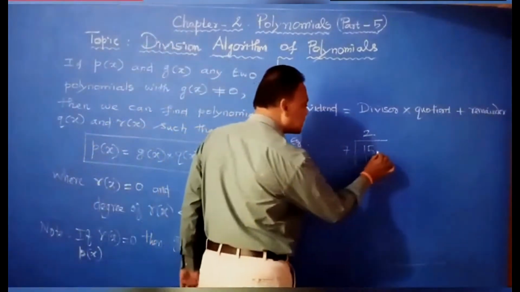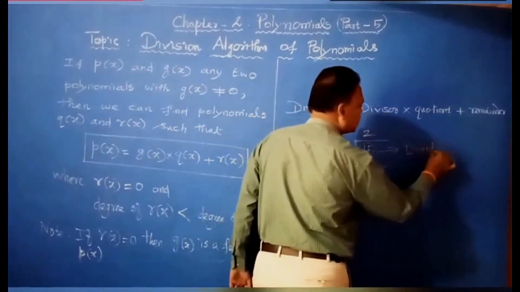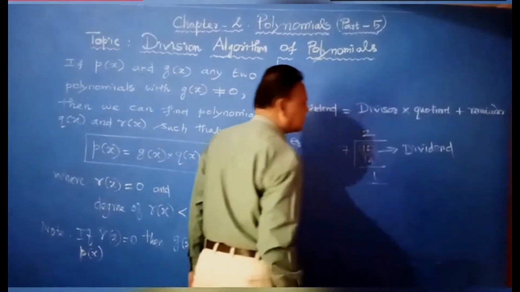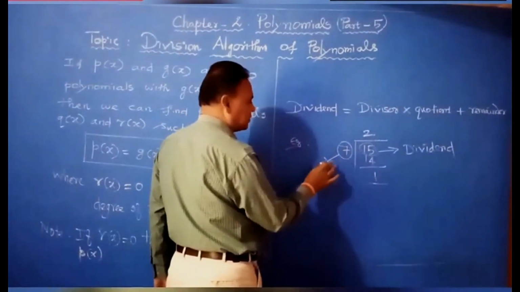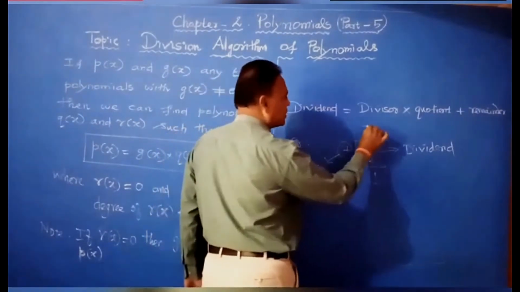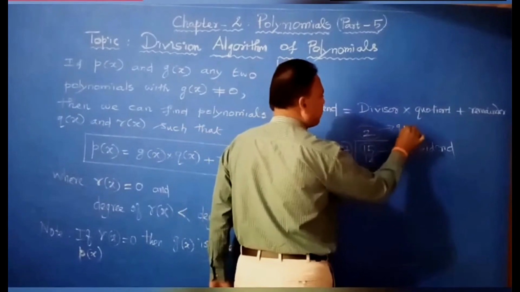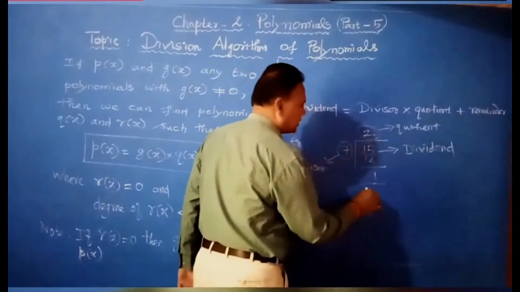Now you see this is dividend. Okay. This is divisor. This one quotient. This is remainder.